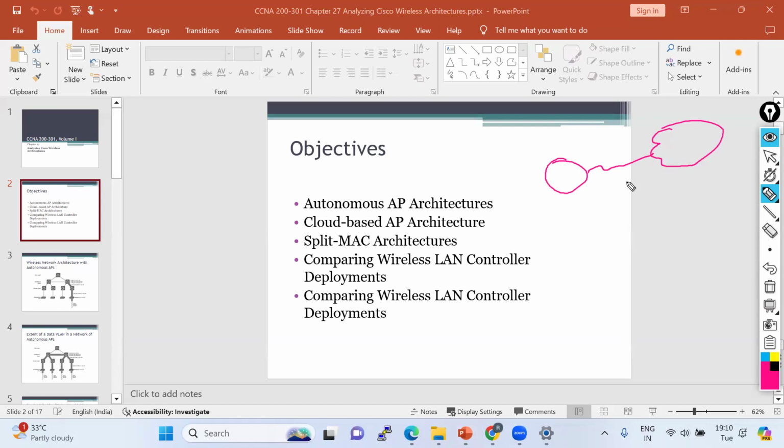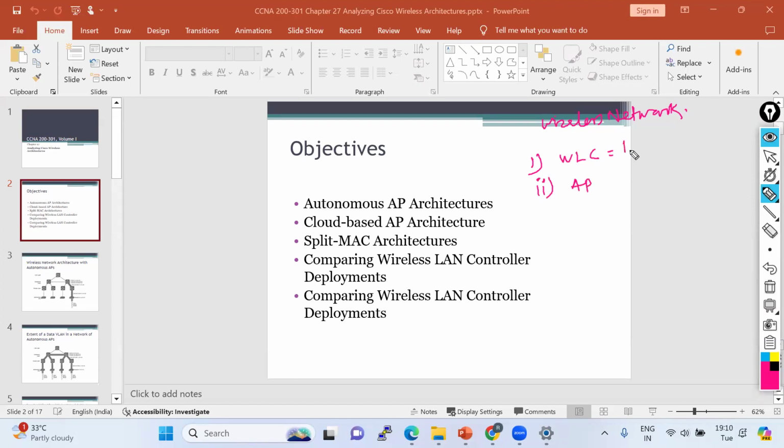So it's acting as an access point, and it is also acting as a pure internet router as well. So is the same thing going to be used in companies? The answer is no. This is the home solution, and companies have a different solution, the enterprise solution. To deploy a wireless network, companies purchase some products. The first product they require is a WLC, and the second is an AP.